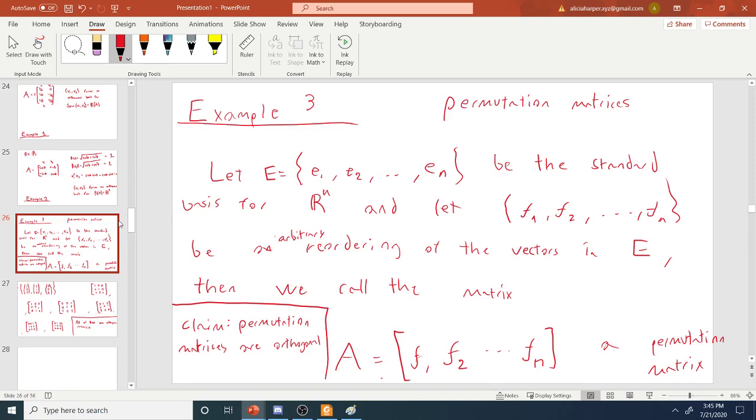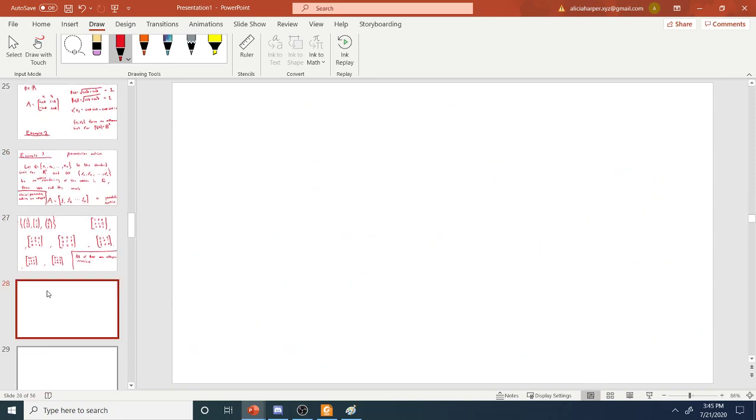All right, so now we're going to prove some key properties. So here is theorem 1.